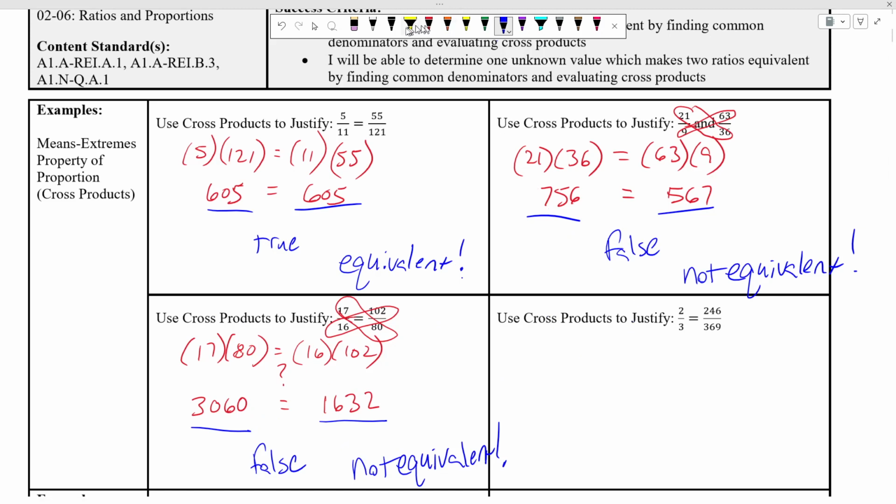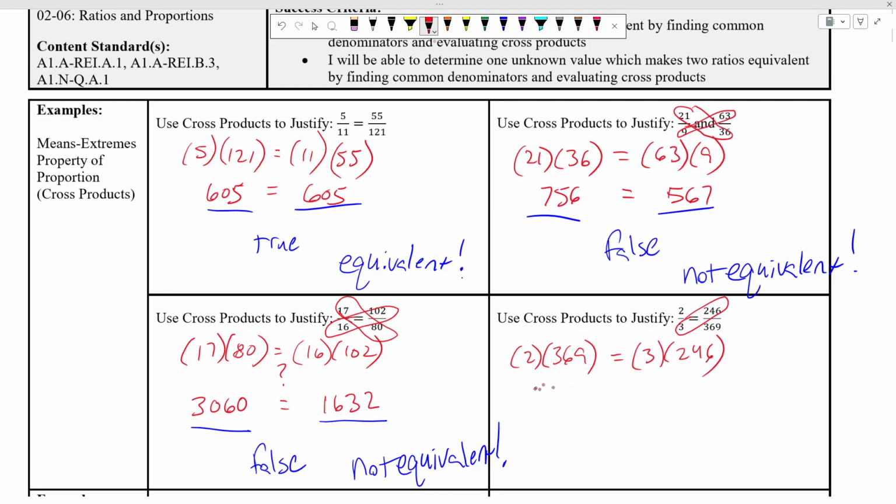Let's try another one here, just to get a real good feel. I hope we're getting a better sense now of how we can use these things. So once again, I can cross multiply. What was that number there? It's a 369. Okay, so 369 equals, let's do 3 times 246.